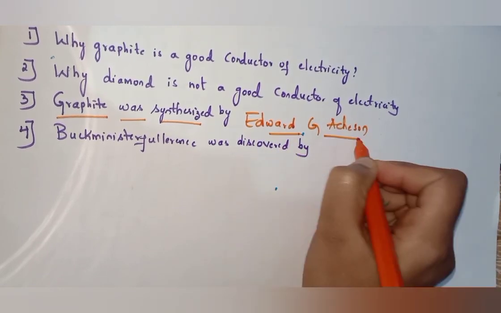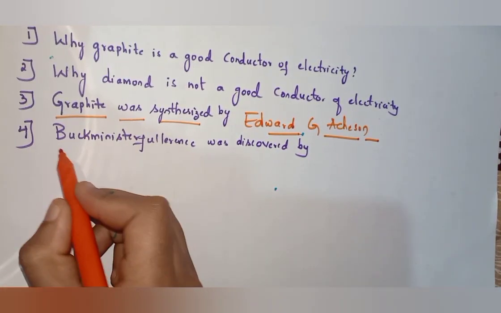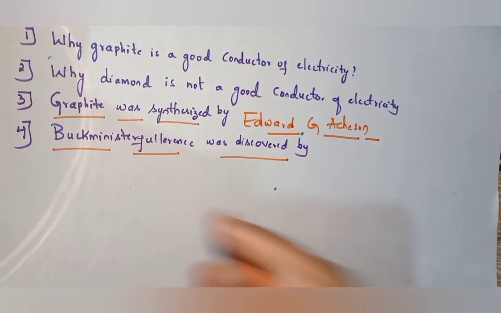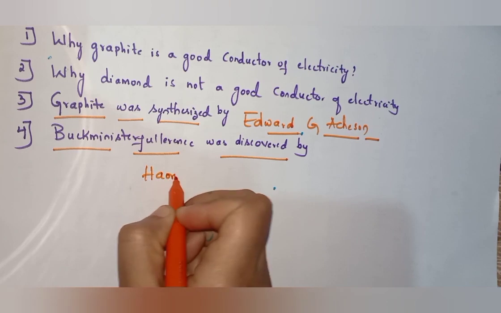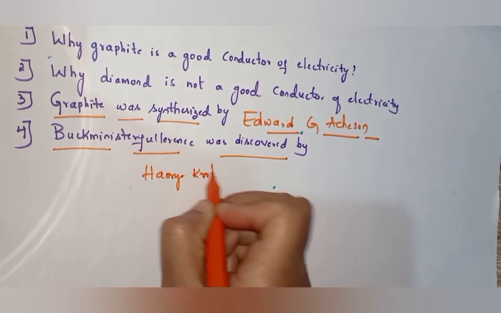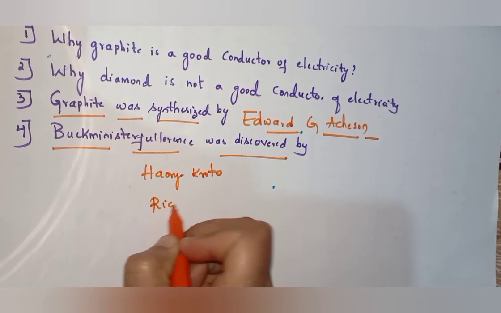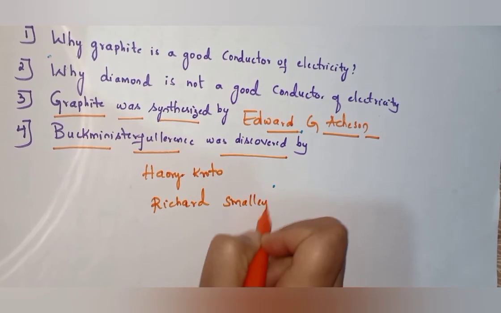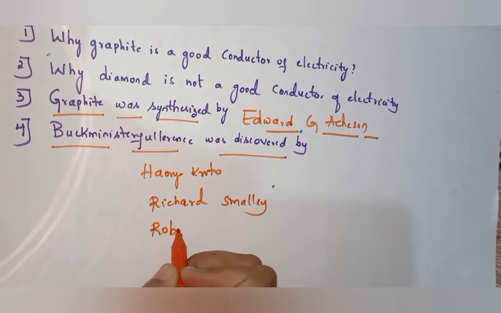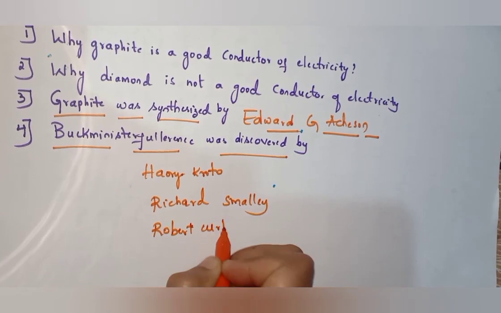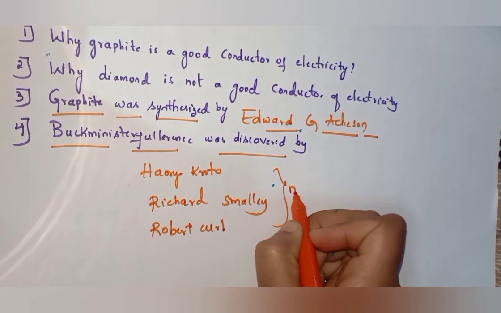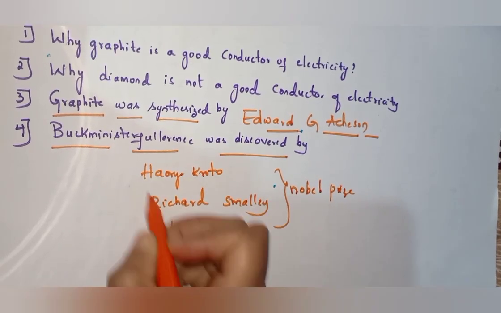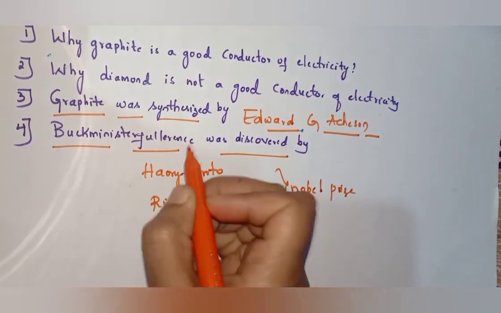He synthesized the graphite, and the Buckminster fullerenes was discovered by Harry Kroto, Richard Smalley and Robert Curl, and they won the Nobel Prize for the discovery of Buckminster fullerenes.